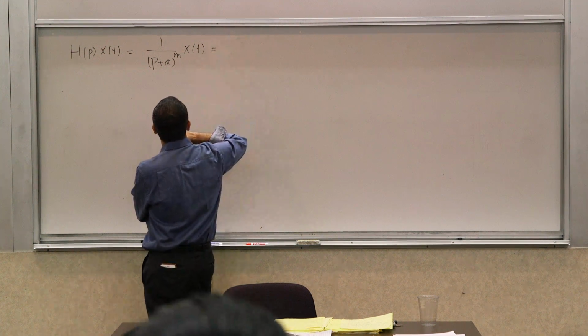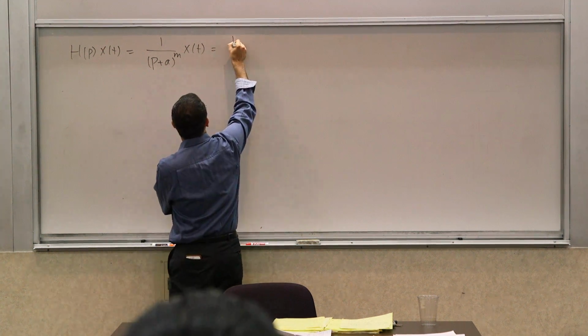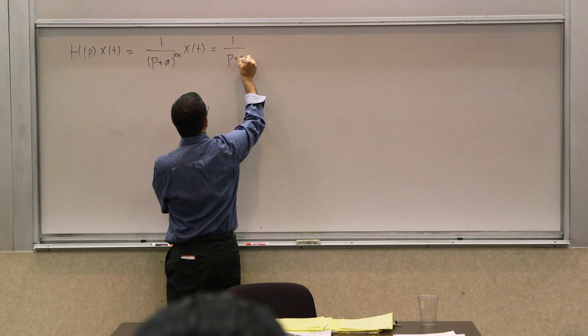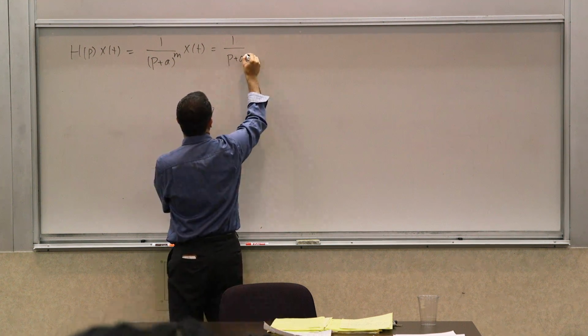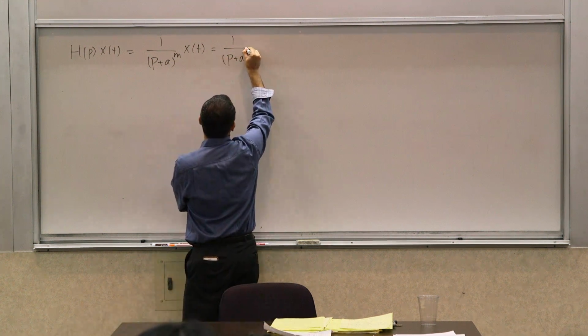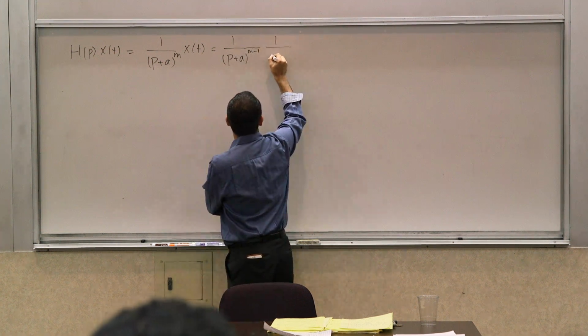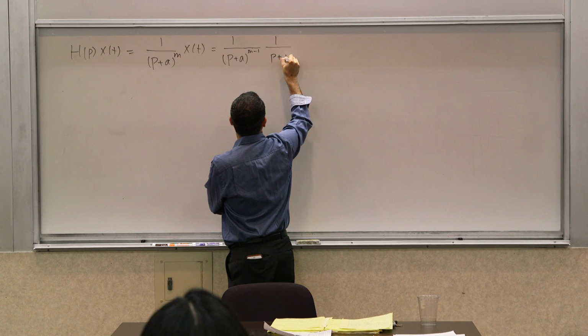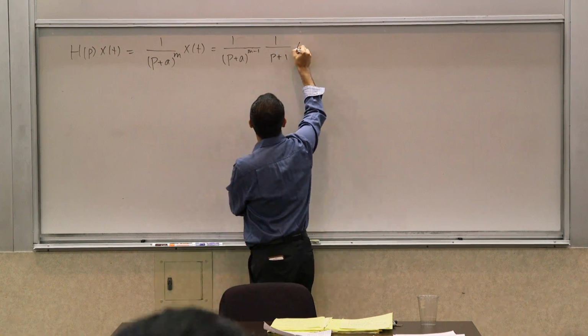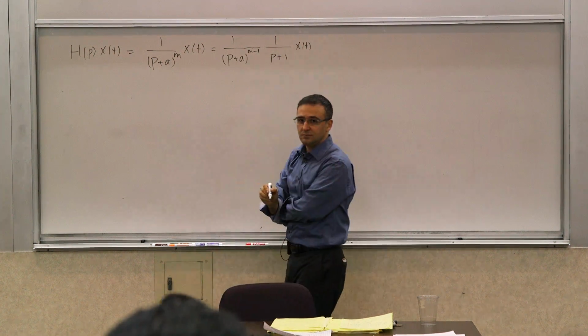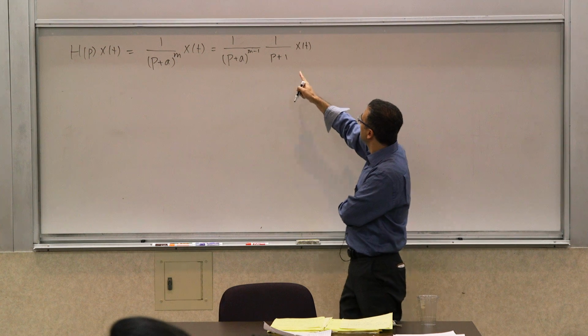So when you have multiple roots, we can apply them one at a time, in sequence or in succession. So I can write this as 1 over p plus a to the m minus 1 operating on 1 over p plus a operating on x of t. And then the question is, what is this?